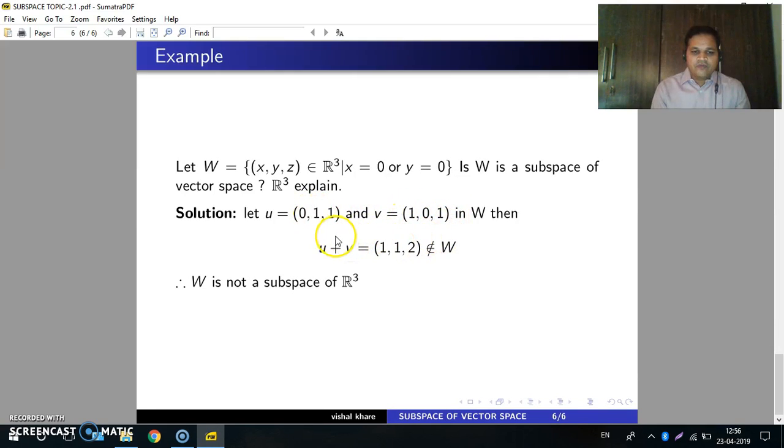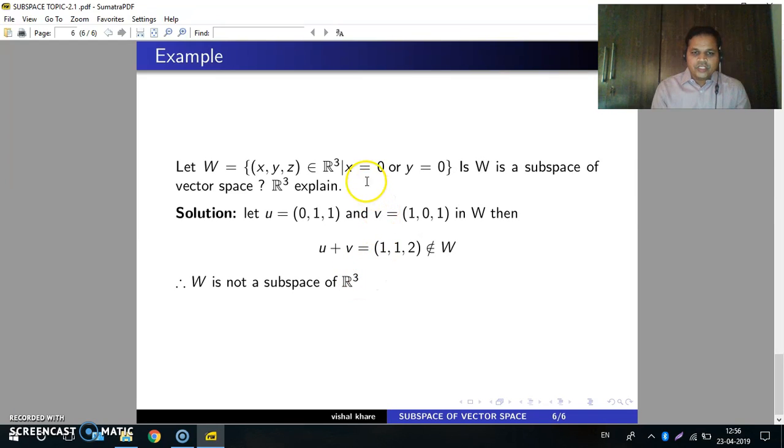But if we add these two elements and check condition number 1, u plus v is equal to: first coordinate added to first coordinate, which is 1; second coordinate added to second coordinate, which is 1; third coordinate added to third coordinate, which is 2. So u plus v is equal to (1, 1, 2).